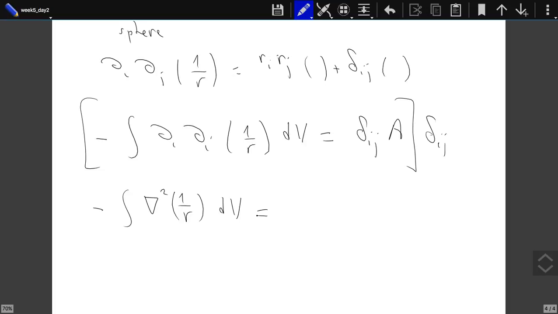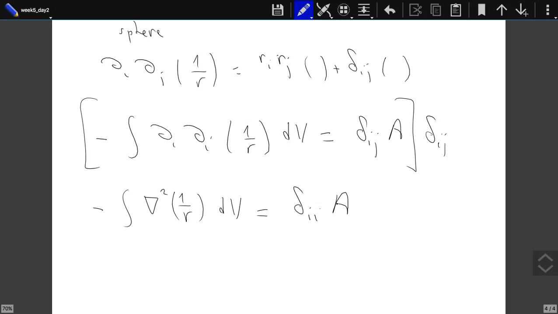I'm multiplying with Kronecker delta ij, both sides. I had one Kronecker delta ij, now I'm multiplying it with another one. Summing over j, Kronecker delta ij tells me that only the j equal to I survives, so I have Kronecker delta ii.